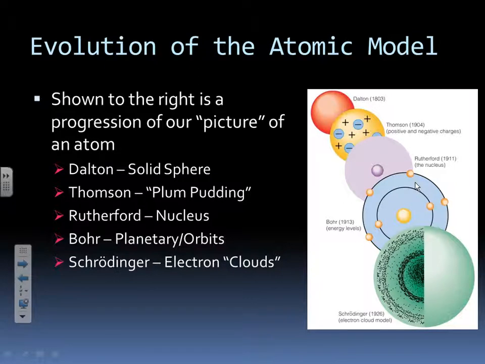But then we realize that that's not the case either. And then Schrödinger comes up with these ideas called electron clouds or electron orbitals. They're not orbits, they're orbitals. Because we don't know that electrons are going to be in a certain spot, but we can give a pretty good guess that they're going to be there. Does that make sense? So this is our progression of the atomic model. What people think, or what scientists think, an atom is going to look like.